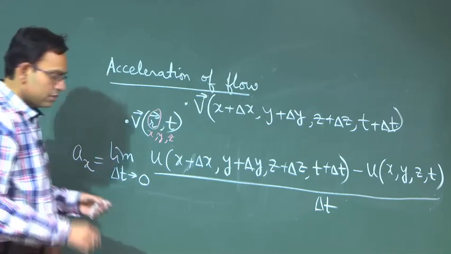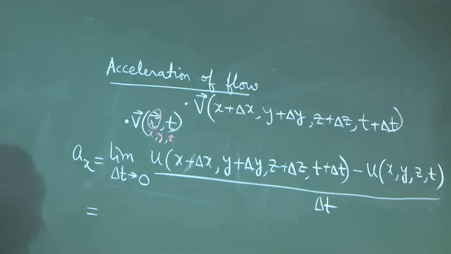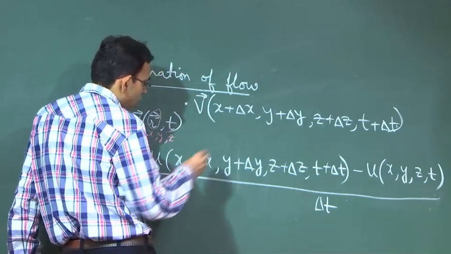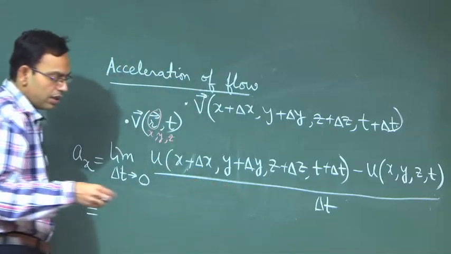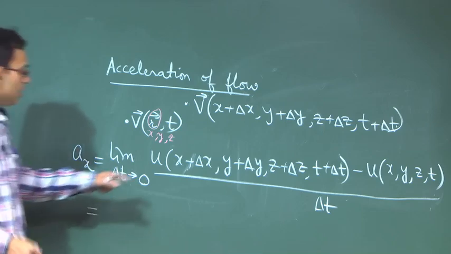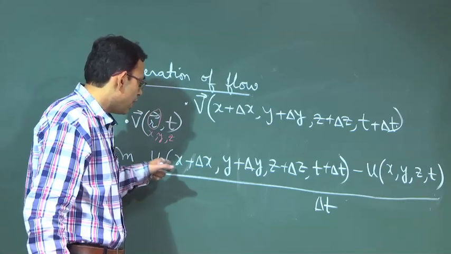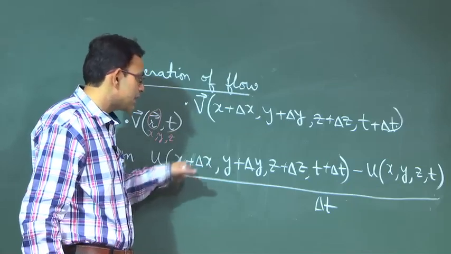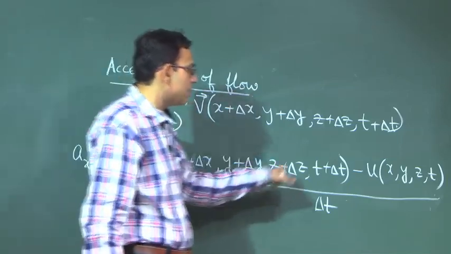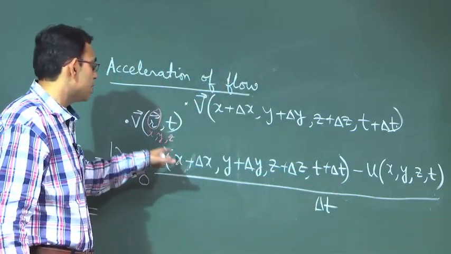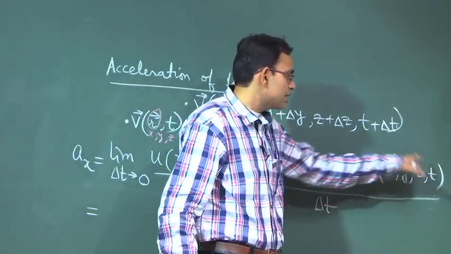Now here we will discuss something of importance in basic calculus, which is essential for fluid mechanics. The whole idea is you are writing this as a function of x plus delta x, y plus delta y, z plus delta z and t plus delta t. This we will write in terms of a function of x, y, z and t.